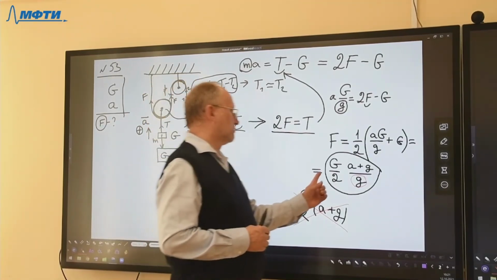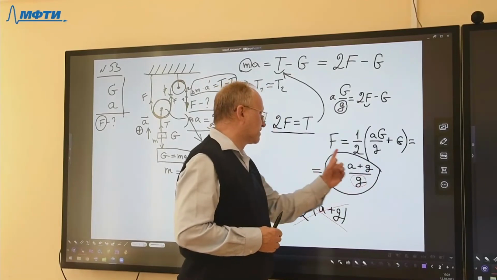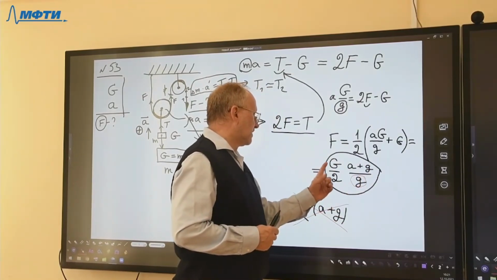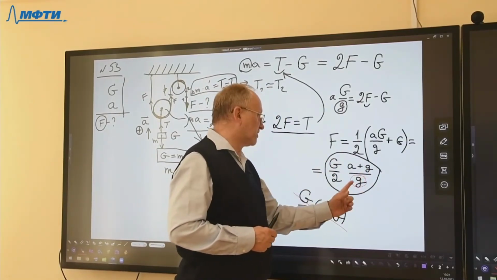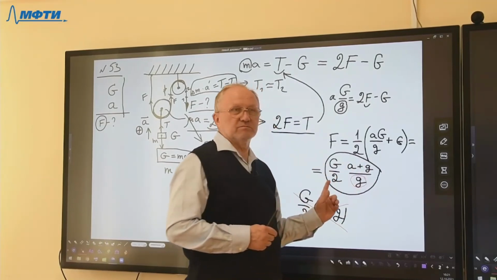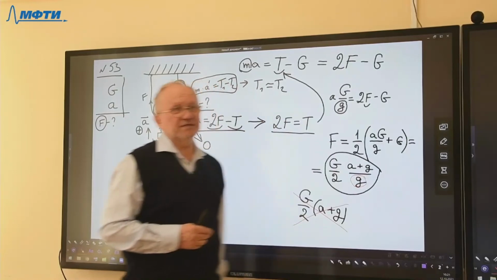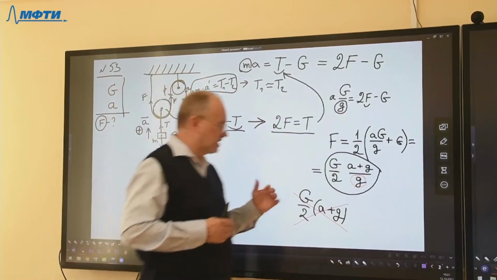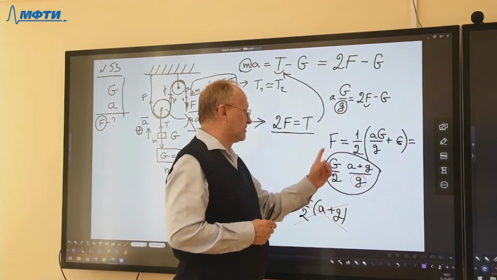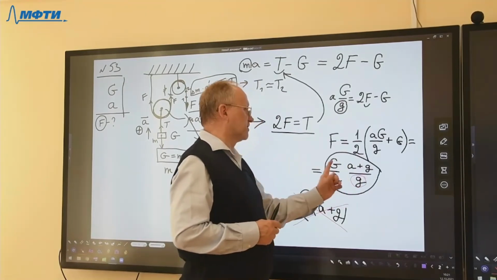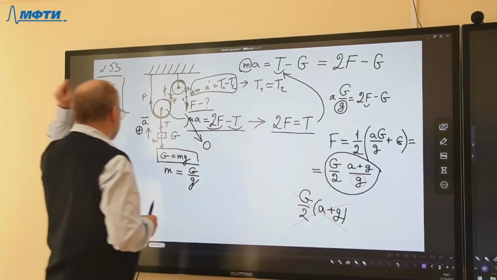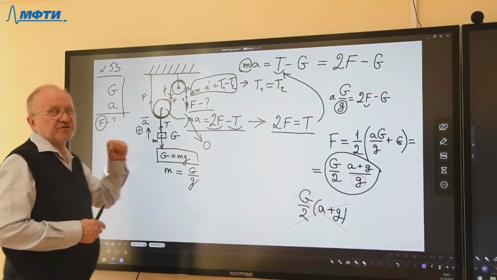First of all, look into the quantities contained in your final formula. All the quantities should be known. If any quantity is unknown, then this is not the answer. The final answer to the problem should contain only the known quantities, only the quantities which are given in the problem statement.